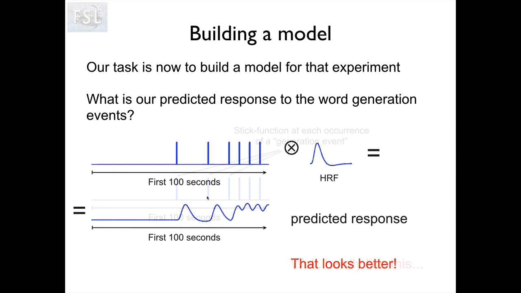So in order to figure out what the BOLD response is, we need something called the hemodynamic response function. What the hemodynamic response function is, is simply our postulated response in the brain to a single very brief event. And this is something that's been determined experimentally a long time ago by people.